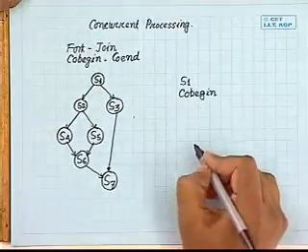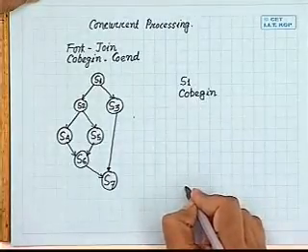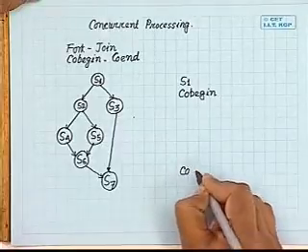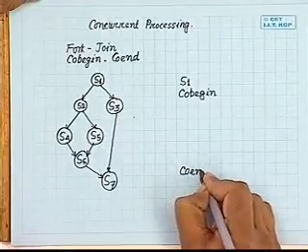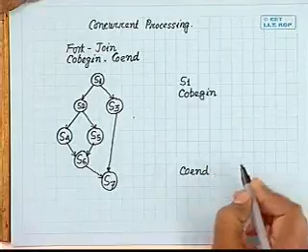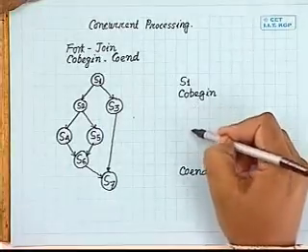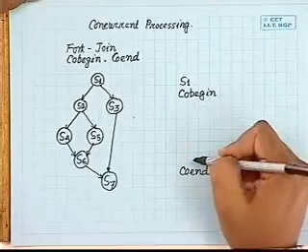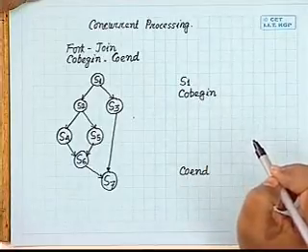So I have to have a co-begin, and similarly a co-end statement. If I have n statements within this co-begin, co-end structure, then it will create n processes.